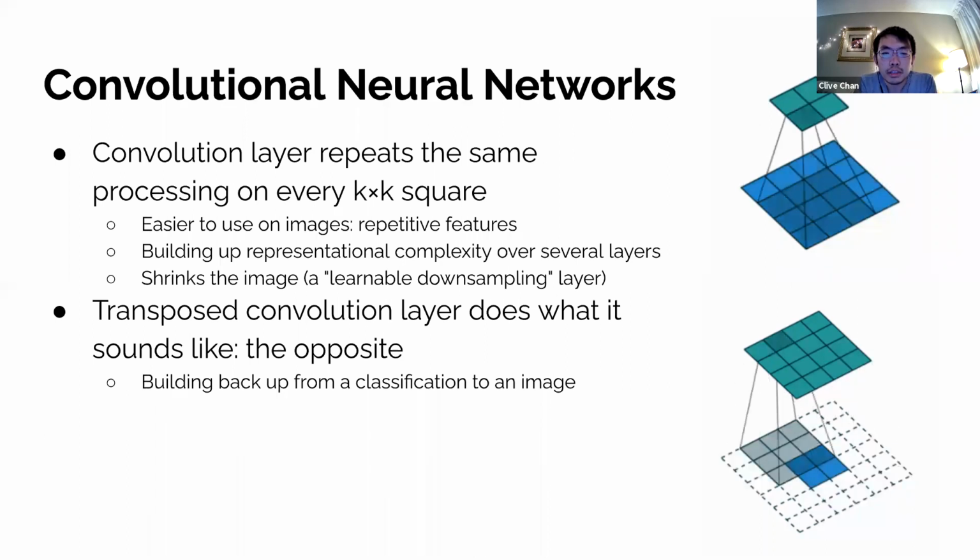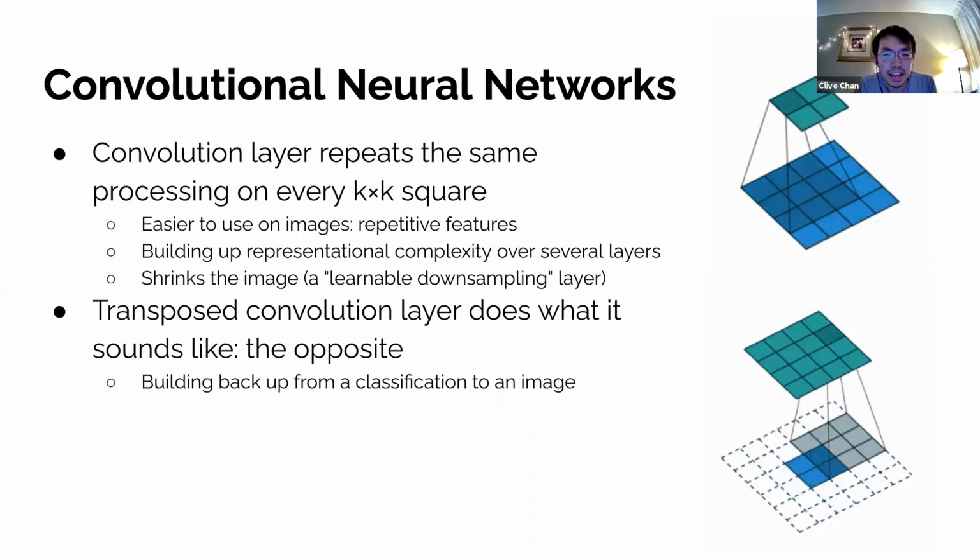And the way this works is it repeats the same processing on every k by k square. So in this case, we see there's a 3 by 3 square on this 4 by 4 total image. And you just repeat that same module over the entire image. And the reason this works is because images have a lot of repetitive features. Like if you see a 3 by 3 square, you might see a dot in the middle and then nothing outside.